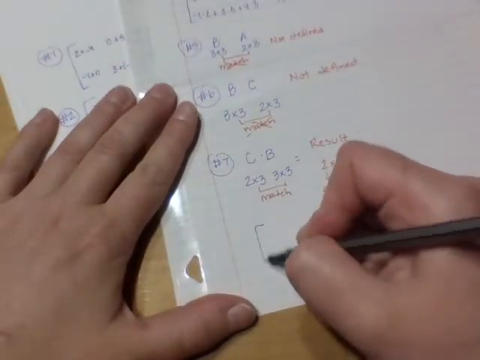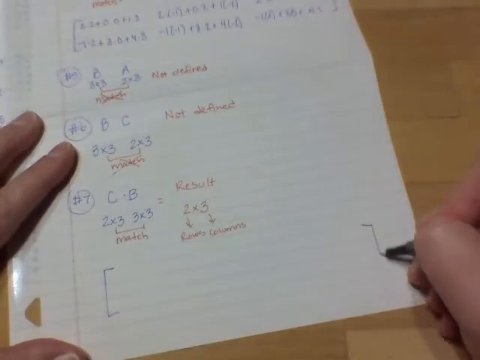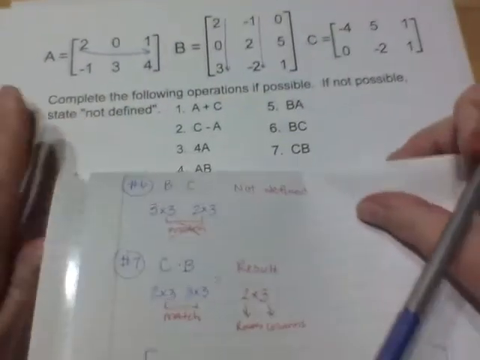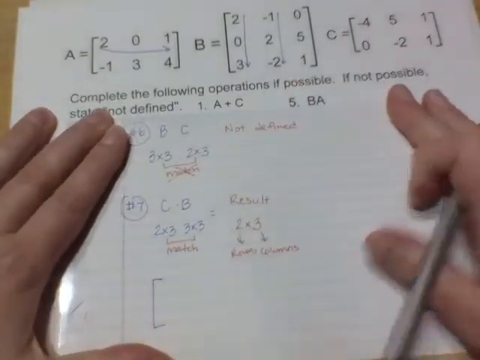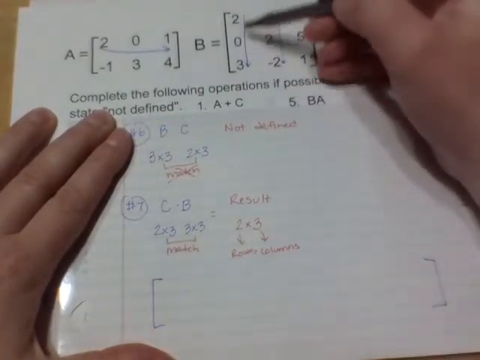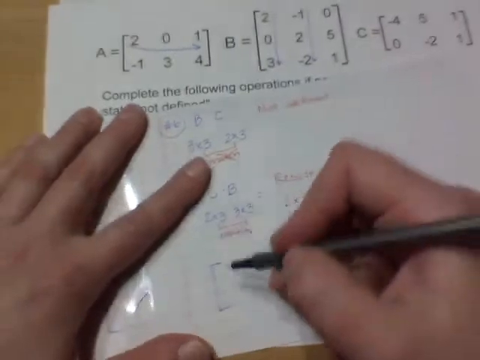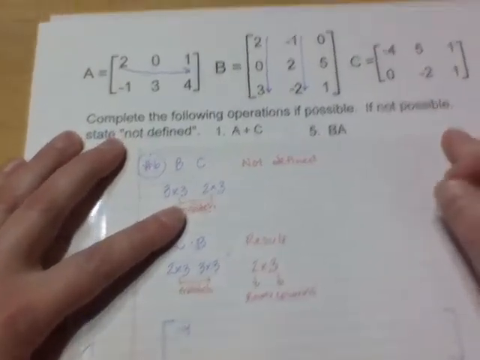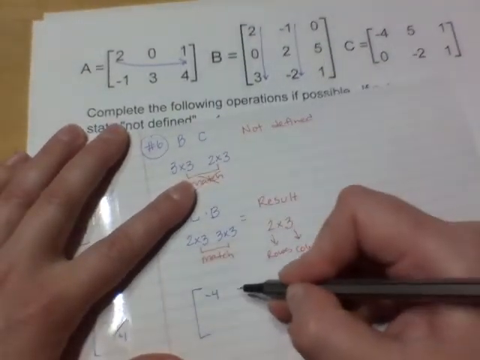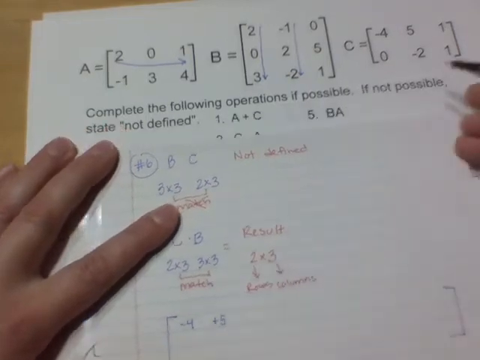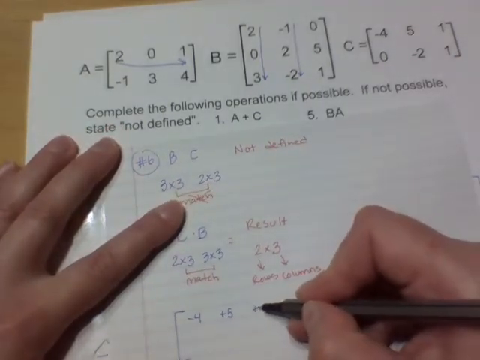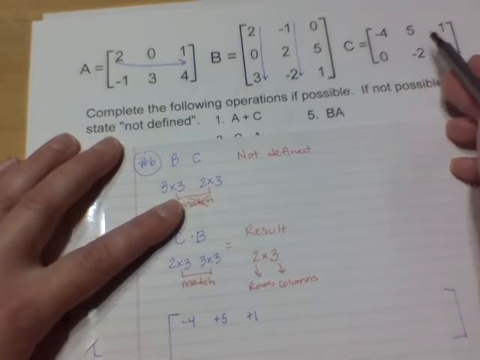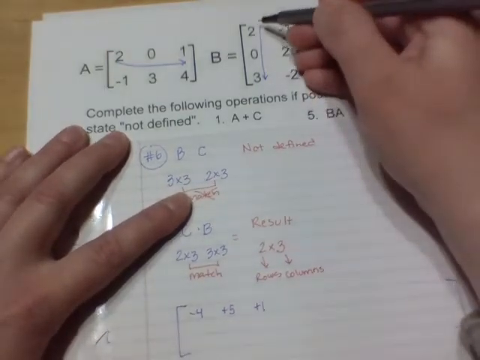So we are going to set up our very large matrix to show the steps. So going back to this piece, we are trying to multiply each of this row by this column. So I'm going to do -4, and that's going to add to 5 times something, and then that's going to add to 1 times something. So this number, and this number are going to be multiplied by this row.